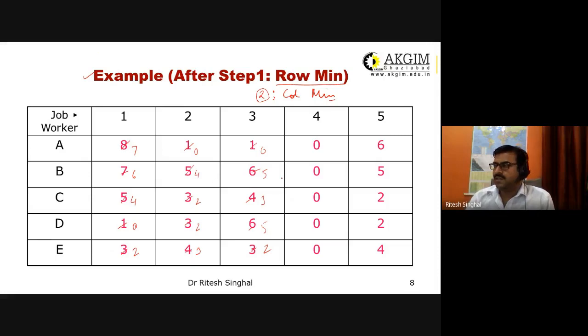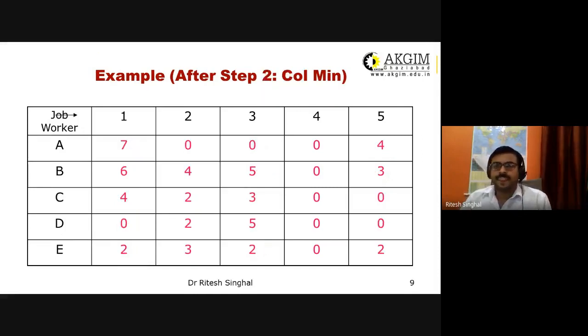In the fifth column, the last column, the minimum is 2. Subtract this 2 from the entire column, like this. So this is the matrix you will have after step 2, that is column minimization. It looks like this. So this is the matrix after steps 1 and 2, that is row minimization and column minimization.